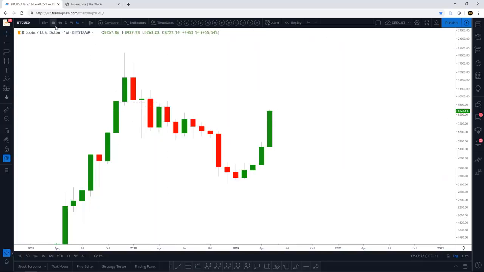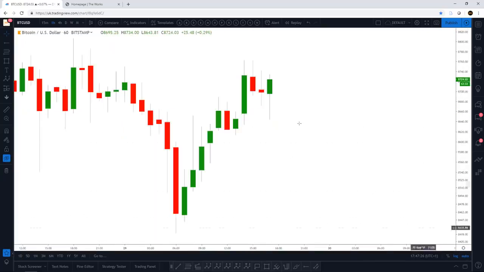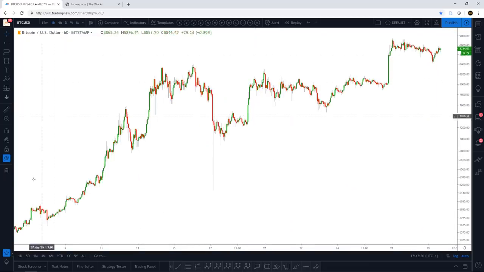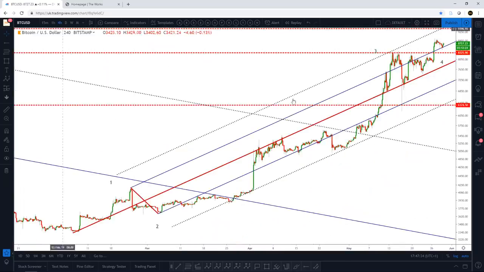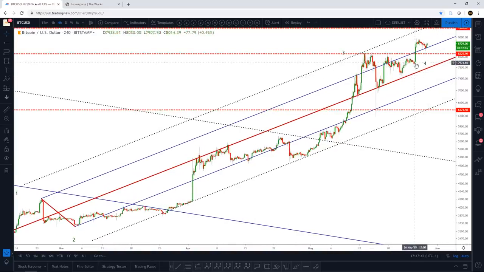That's if we don't go below 8300. For me, that's the level I'm really keen to watch to determine which count is preferred. If we come below 8300, the triangle gets rejected if this gets taken out.